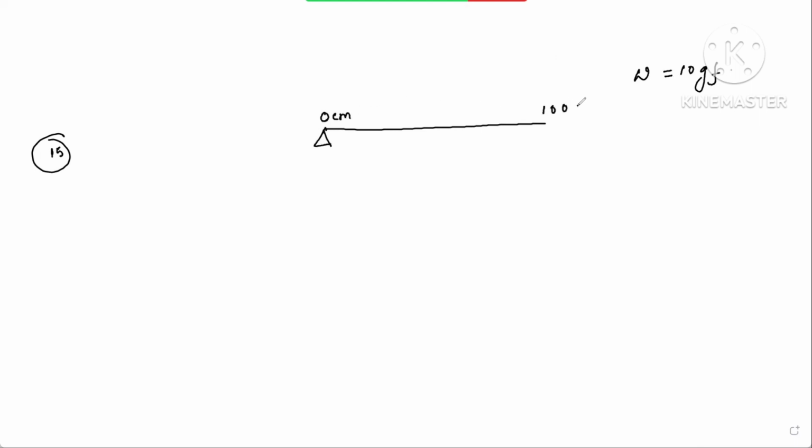This is 100 centimeter and this is 0. So the net weight will act here. For this uniform meter rule, the net weight will act at the 50 centimeter mark, at the center of gravity. This is W1 equals mg.